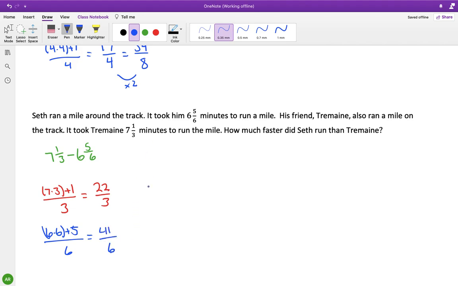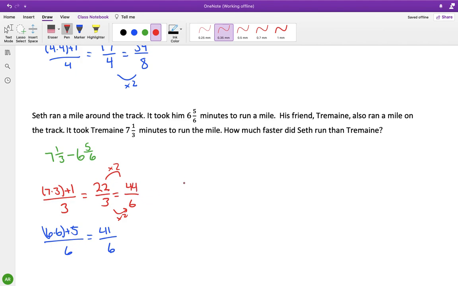All right, now we need to find the least common denominator. So for 3, the multiples of 3 are 3, 6, 9, 12, 15. For 6, it's 6, which was a multiple of 3, so that's going to be our LCD, our least common denominator, which is great because that means we can leave 41/6 exactly how it was. We just need to convert 22/3. So if I want to convert that to 6, that means I have to multiply the bottom number by 2. 22 times 2 is 44, 44/6.